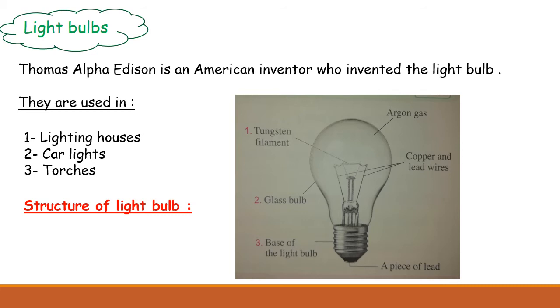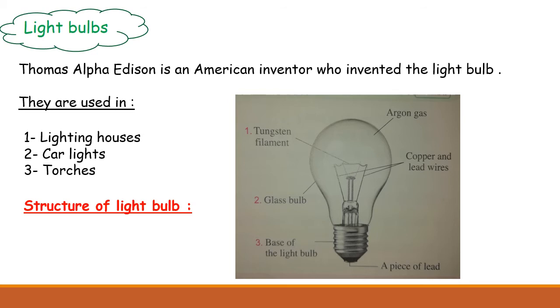So inside this bulb there is a tungsten filament. This tungsten filament is connected with copper wire and lead wire to connect the tungsten filament to the electricity.